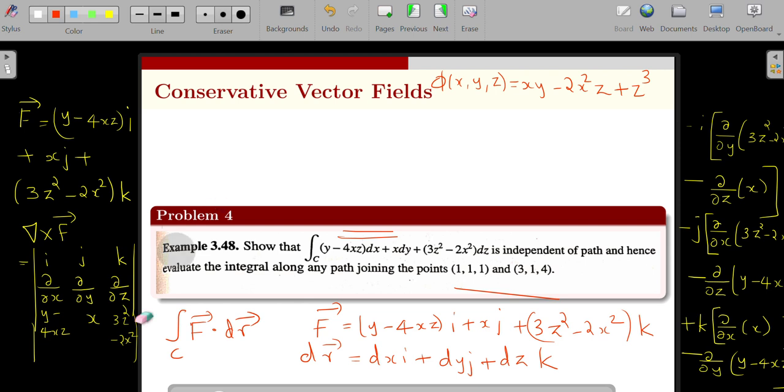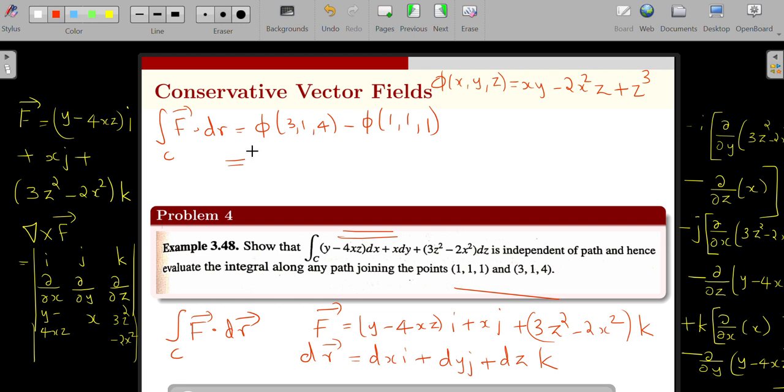So what we have to do is subtract phi of (1, 1, 1) from phi of (3, 1, 4). The required line integral over C of F dot dr is given by phi of (3, 1, 4) minus phi of (1, 1, 1).